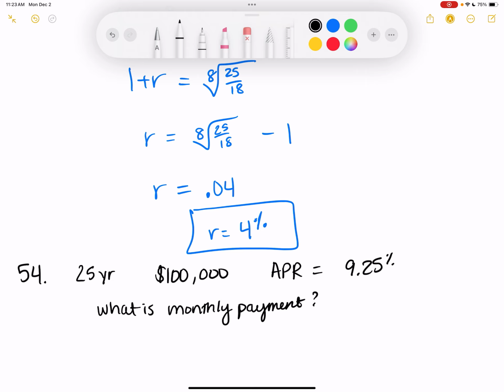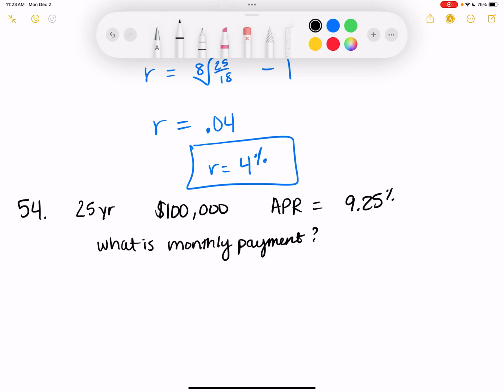All right, so this is a little bit different than the other present value problems, but this is a present value problem. So the present value is $100,000. That's the loan.